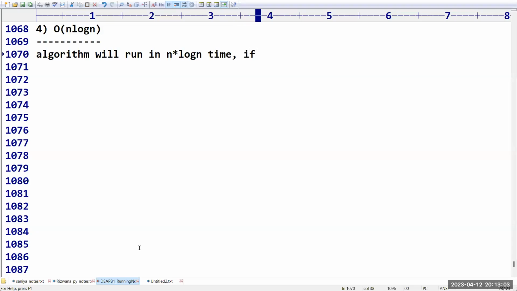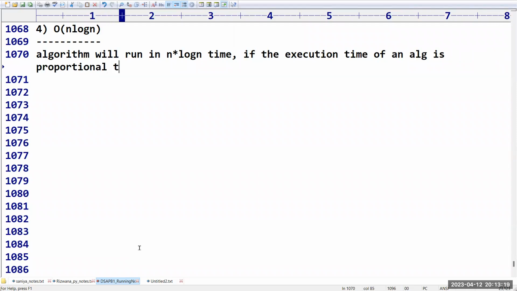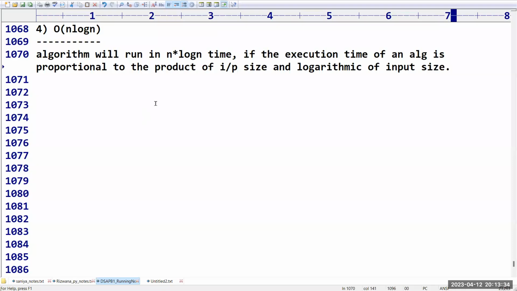If the execution time of an algorithm is proportional to the product of input size and logarithm of input size, then the algorithm is going to run n log n time, where n is the size of the input.